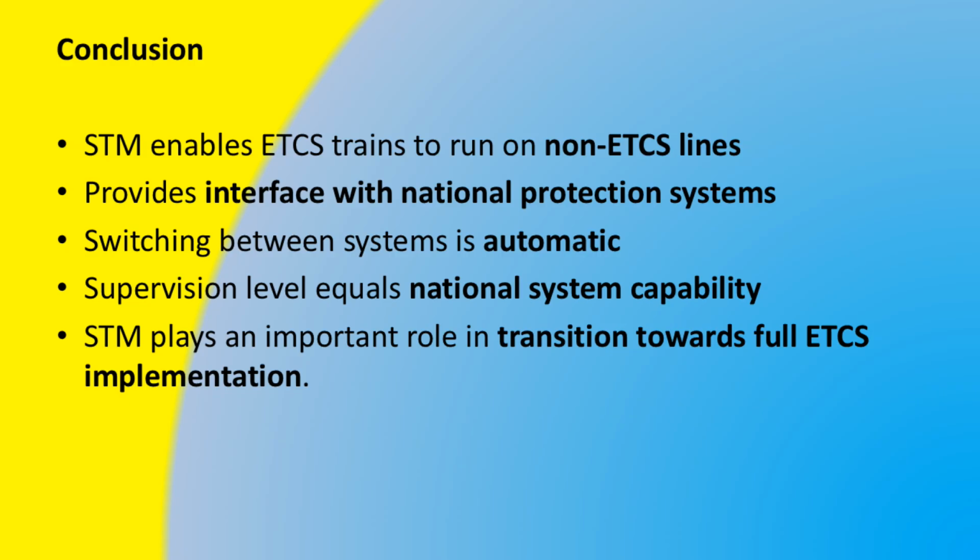The system automatically switches between ETCS and STM modes when the train passes over Euroballises. However, the supervision level during STM operation is limited to the capability of the national protection system. Therefore, STM is a transition technology that ensures interoperability and operational continuity until ETCS becomes fully implemented across railway networks.